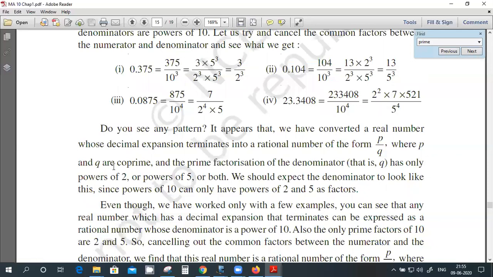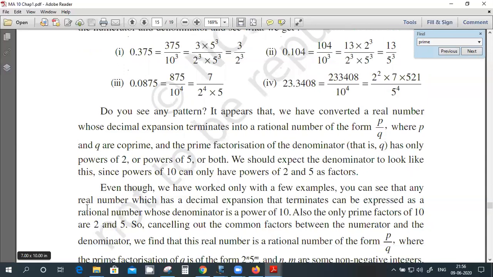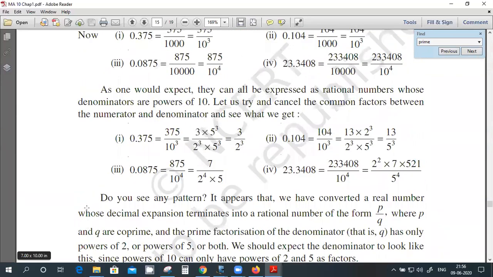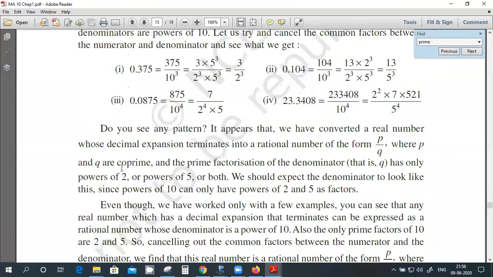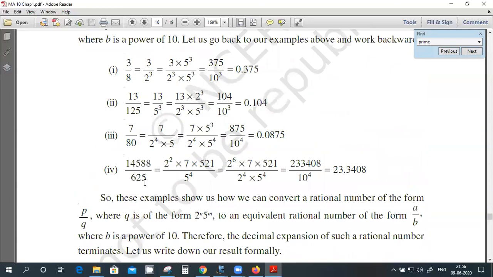I think both of them should be prime, or the factors might be prime. Okay, I'll tell you later.